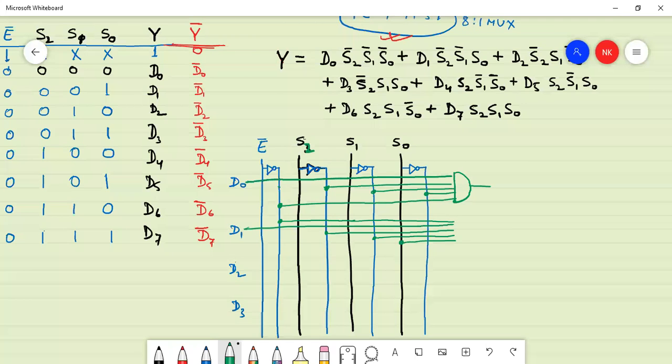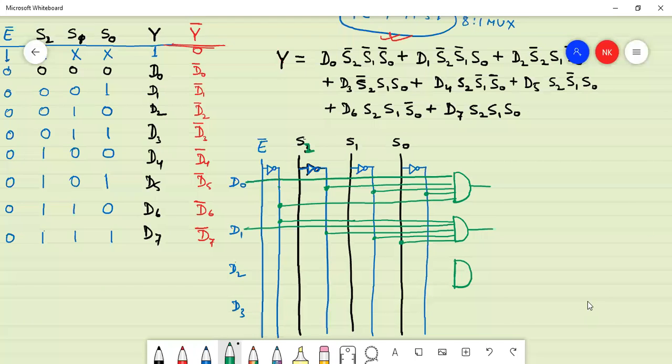Again, we will have this term. In a similar manner, we have to take all the inputs, and we can see that all of these terms are ORed together. So in this way we will get a total of 8 AND gates here.